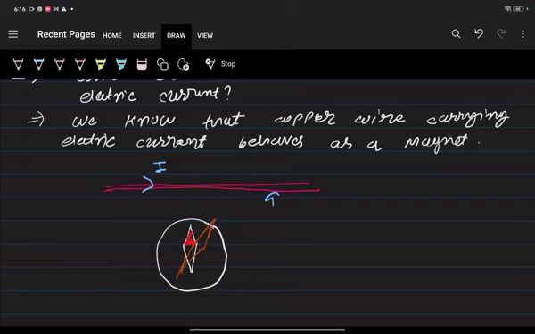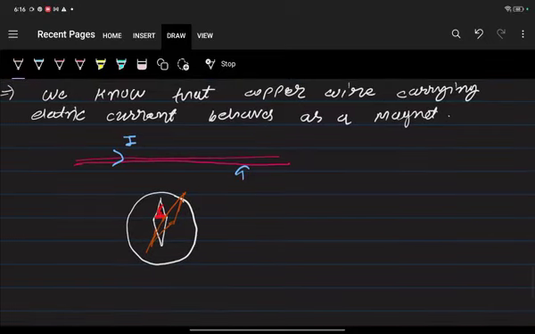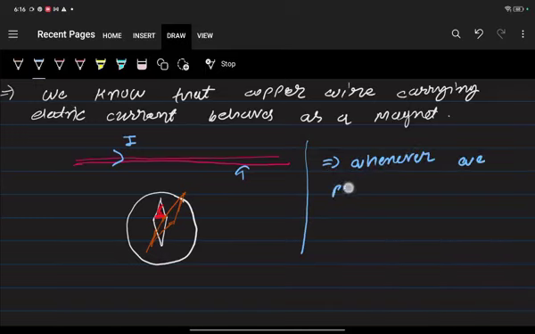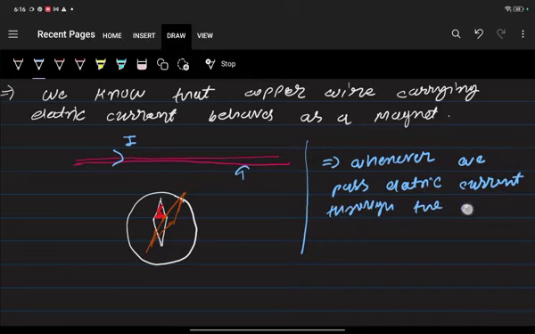So the scientist observed that whenever we pass electric current through the wire, the magnetic needle deflects.